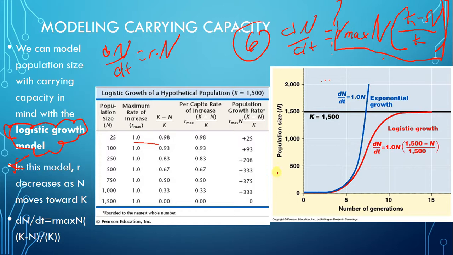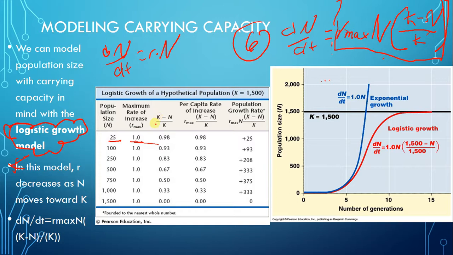Okay? So, for example, the maximum rate of increase for this population size. At 25, the max rate is always going to be 1 for this population. As we gain more individuals, this numerator is going to get smaller and smaller, and as the numerator gets closer and closer to 1, 1 divided by the same number is getting closer and closer to 0.